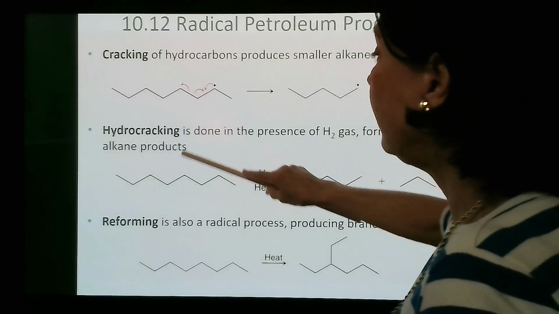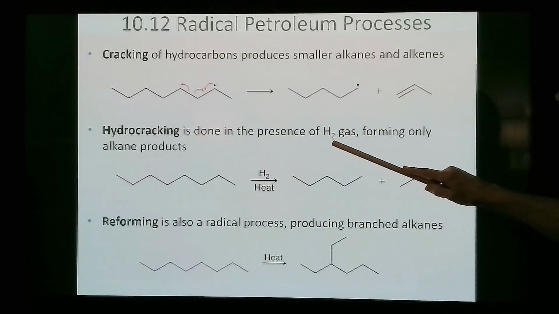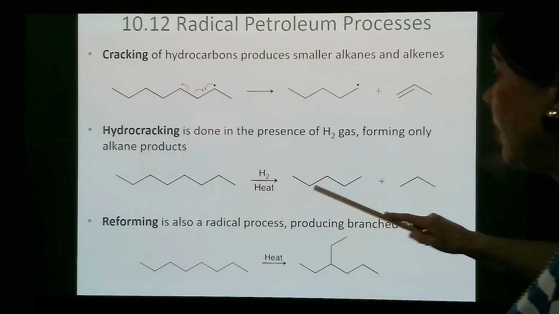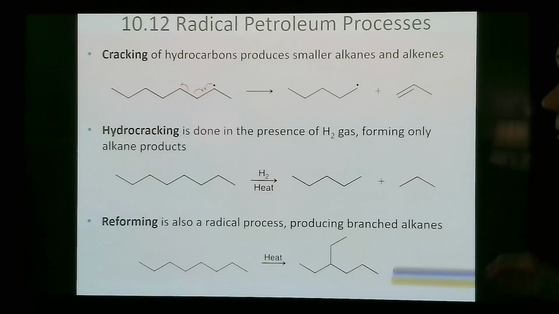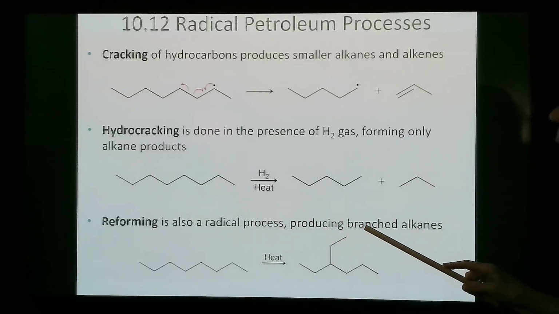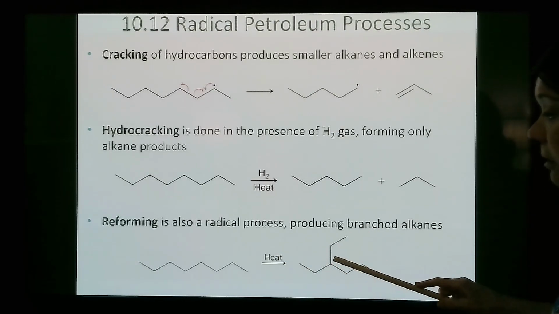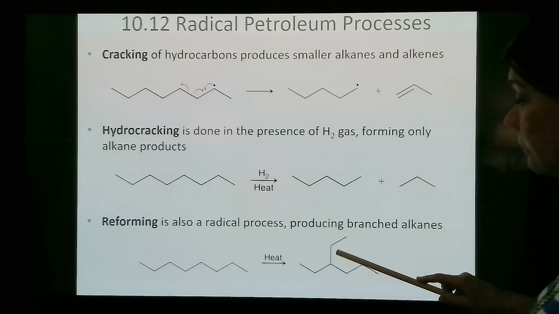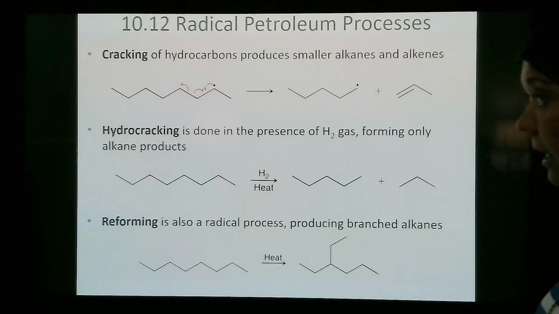And so there's cracking. Hydrocracking is the same, except it's done in the presence of H2, so that you will form only alkane products, whereas up here you can get alkenes. You can also have reforming, where you heat these up and you get fragmentation, and then they recombine to give you branched alkanes.